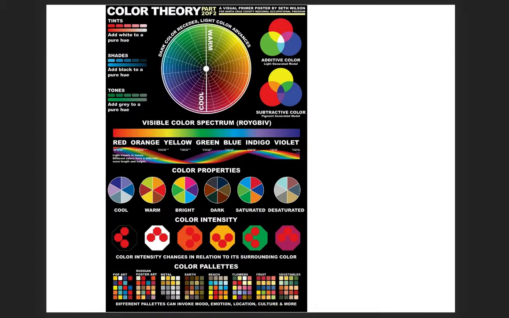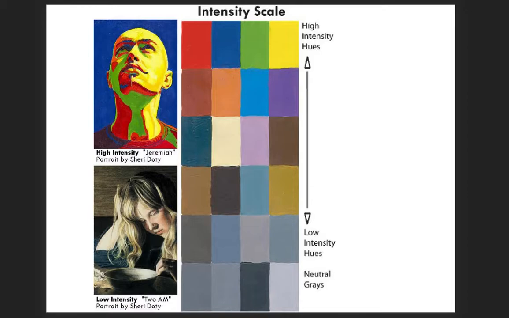So I've just got some more here. If you look in the middle area there, your cool spectrum, your warm spectrum, your bright spectrum, your dark spectrum, your saturated, and then your desaturated. And we're going to talk about how to do those things in your palette today. So intensity plays a major role in how you understand aesthetically successful picture making.